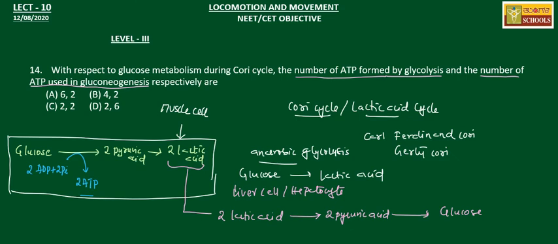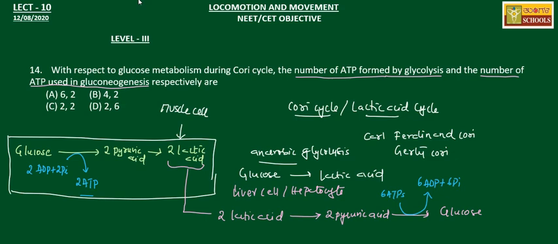During this process it utilizes ATP molecules. It uses six ATPs, so six ATPs are used to form a molecule of glucose.